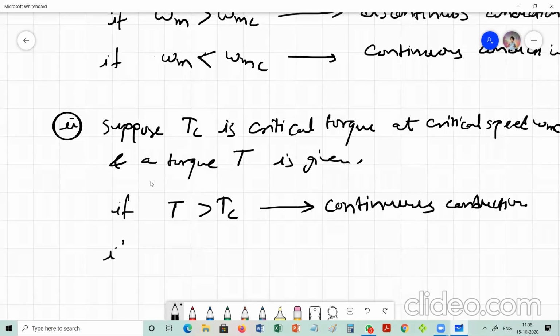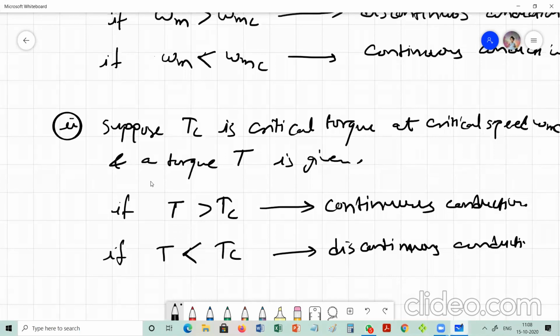And if T is less than Tc, then it is discontinuous conduction. ओके, हे लक्षात ठेवायचं. स्पीड साठी उलटा आहे. स्पीड जास्त असेल तर डिसकंटिन्युअस असतं, टॉर्क जास्त असेल तर ते कंटिन्युअस असतं, स्पीड कमी असेल तर ते कंटिन्युअस असतं, टॉर्क कमी असेल ते मात्र डिसकंटिन्युअस. एकमेकांच्या उलटा आहे, हे लक्षात ठेवायचं.